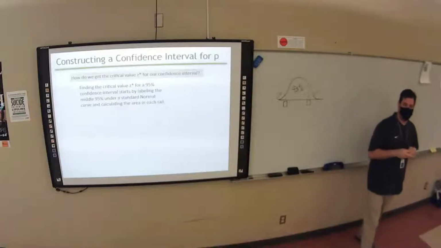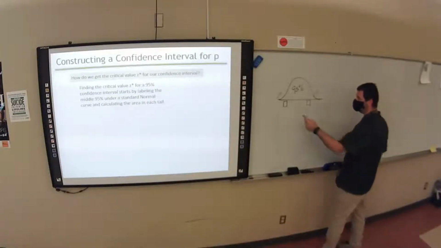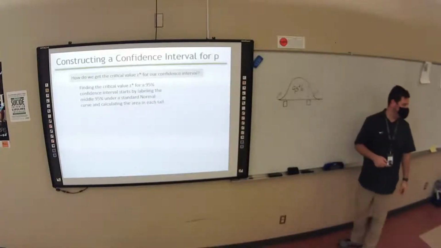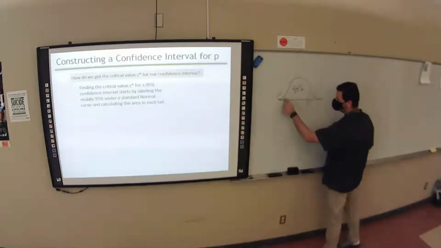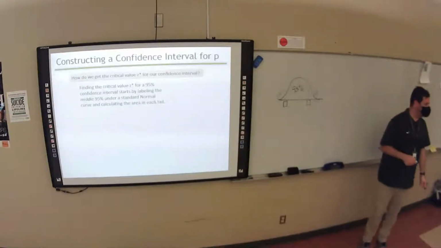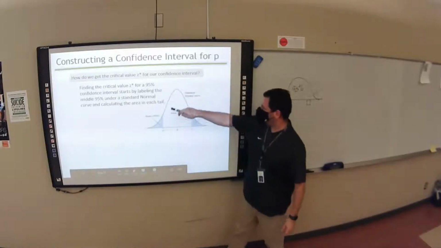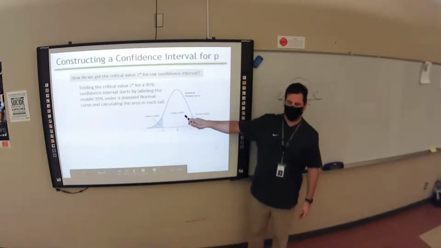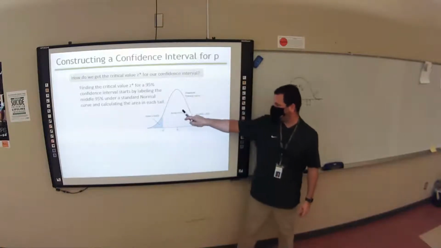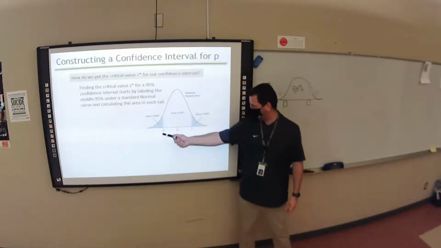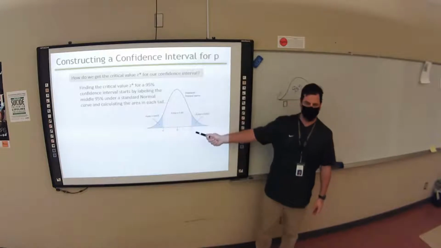And now what I have to do is find this Z-score that goes with this area of 0.025. And we're going to do that one of 2 ways. Here's the area, the middle 95%. That leaves 0.025 on both ends.